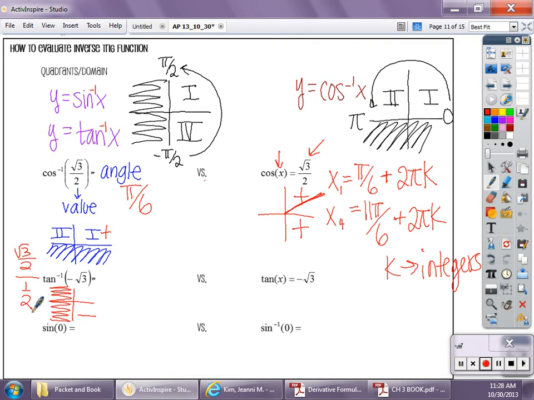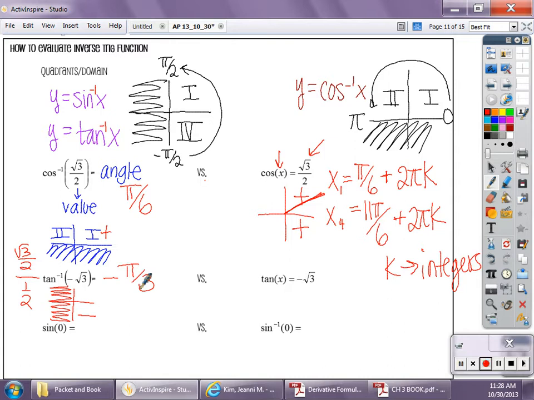Therefore, it's a pi over 3. I'm kind of giving you how I go through tangent problems. If it's root 3, I know the root 3 is on top, the 1/2 on bottom. This is my sine. This is my cosine. Therefore, I know it's pi over 3. But if I'm in this quadrant, normally it'd be 5 pi over 3. What do I actually write? Negative pi over 3. Good.